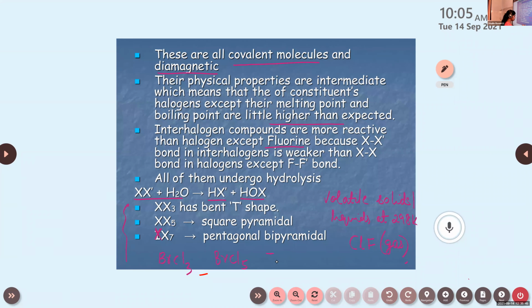Then in the case of IF7, it will be pentagonal bipyramidal. So you have to learn this general formula, and any molecule that suits this general formula has a common structure: bent T shape, square pyramidal, pentagonal bipyramidal. Clear? Is it clear, children? Yes.